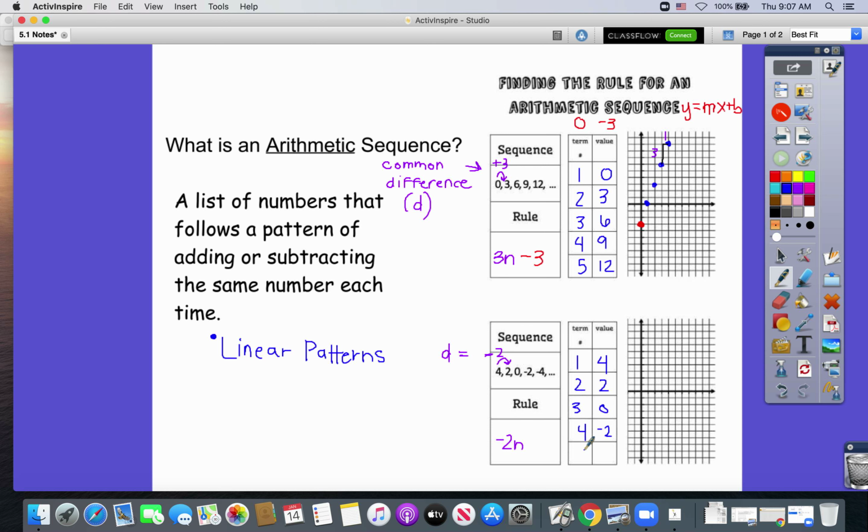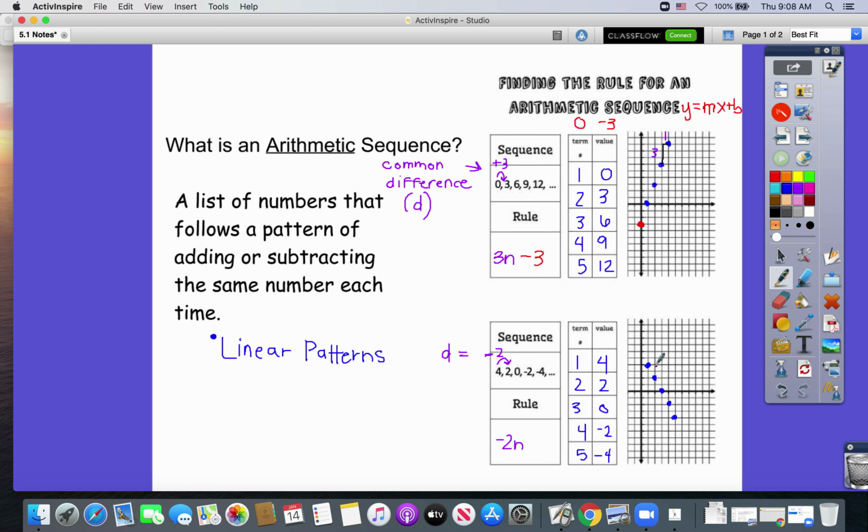And the fifth term is -4. I'm going to sketch these points on the graph. So we have 1, 4, 2, 2, 3, 0, 4, -2, and 5, -4.